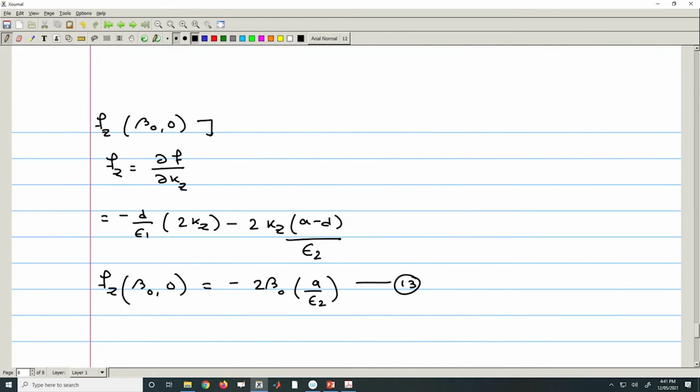Now, we will substitute all these values, that is equation number 11, 12 and 13, in equation number 10.